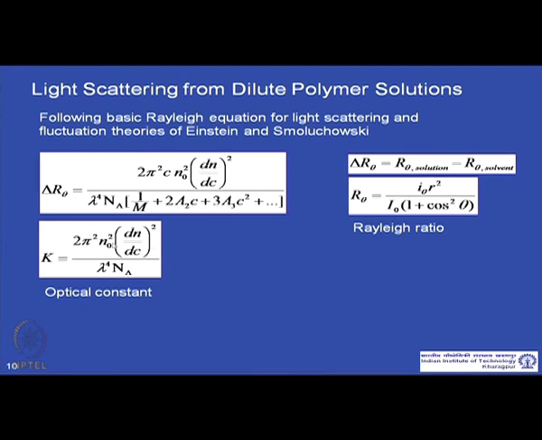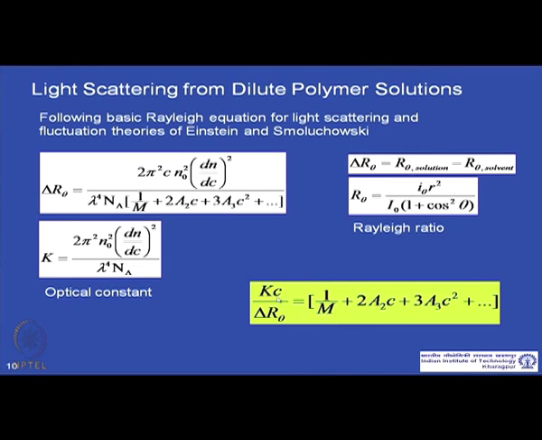For the experiments we know n0, the solvent refractive index; dn/dc, the specific refractive index increment of the solute; lambda, the wavelength of the incident light; and N_A, the Avogadro number. We define a term called the optical constant K to make this expression simpler. So, finally, we can get an equation like this.